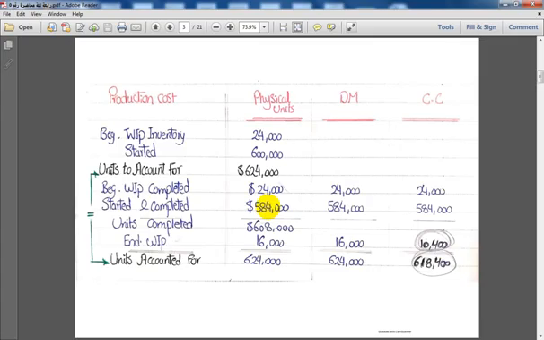The total units accounted for equal 1,600,000 and the equivalent units of production for direct material equal 1,600,000. Direct labor 1,440,000. Overhead 1,440,000.